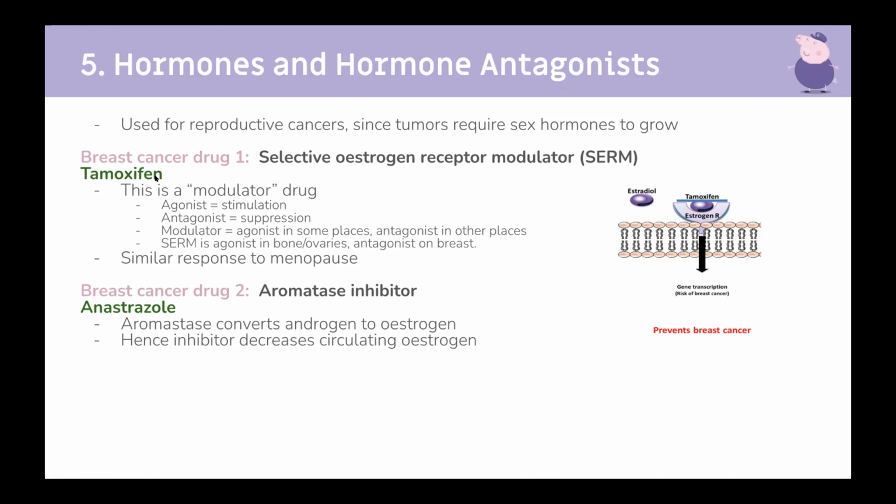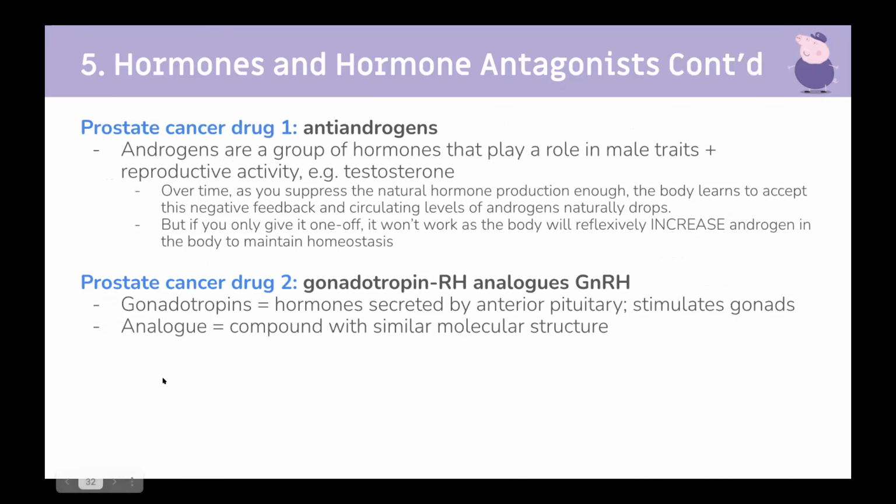These drugs, again, you don't need to know the names specifically, but just know the classes of the drugs. Prostate drugs, so you can have anti-androgens. Androgens are the male hormones, and anti-androgens reduce the population of androgens in your body. You also have gonadotropin RH, which stands for releasing hormone analogs.